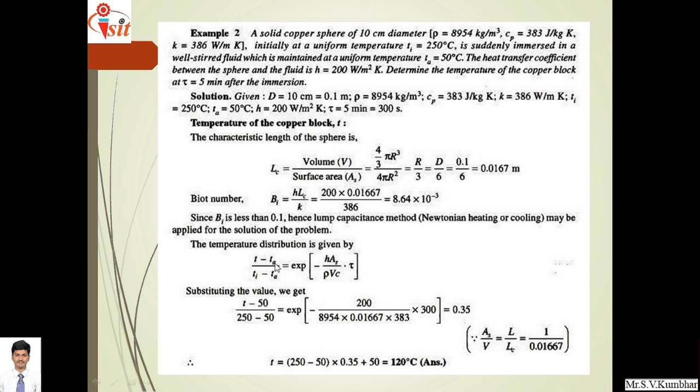So (T minus Ta) upon (Ti minus Ta) is equal to exponential of minus h As upon rho V c into tau. Here we have to calculate temperature after 300 seconds or 5 minutes.